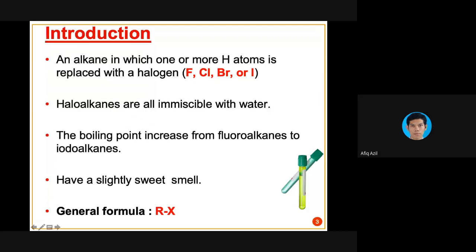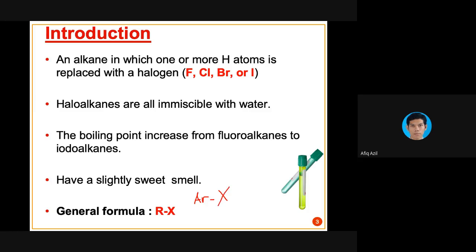The general formula is RX. What is R? R stands for alkyl group, or if it is written as ArX, then it is aryl. You have learned in chapter 5 on arenes, right?